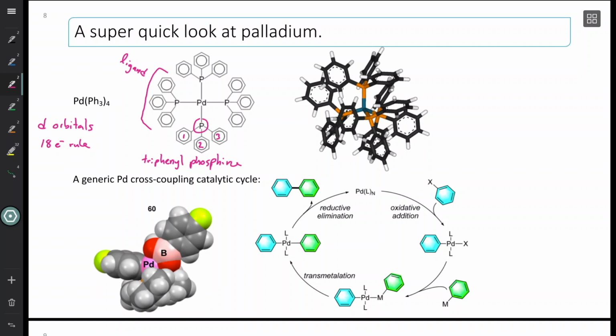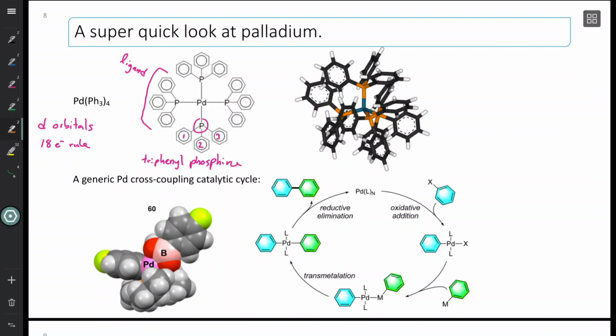If you have 4 of these, this is palladium tetrakis triphenylphosphine, and you'll see in its 3D structure, the palladium is here at the center, orange is the phosphine, and all of these benzene rings are crowding around. That kind of protects the palladium, but as we do this chemistry, we're going to want to bump off these triphenylphosphine ligands and put in our reagents.